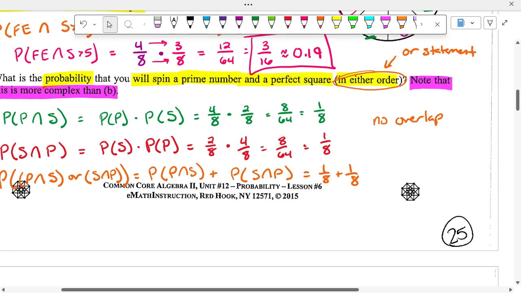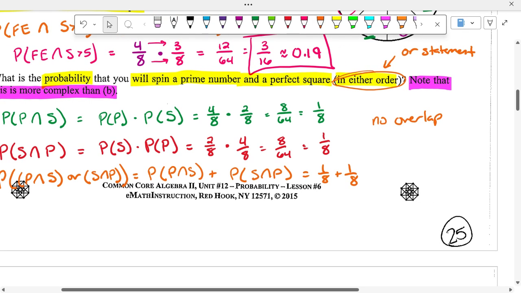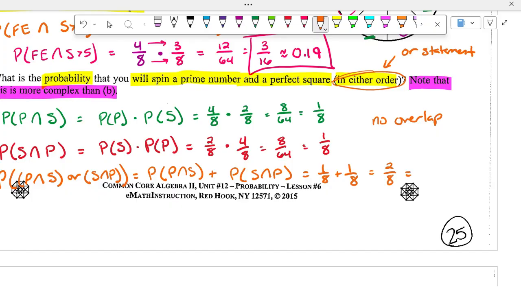What's 1/8 plus 1/8? 2/8. Which simplifies down to what? 1/4, or 0.25. So we have about a 25% chance of spinning a prime number and a perfect square in either order.